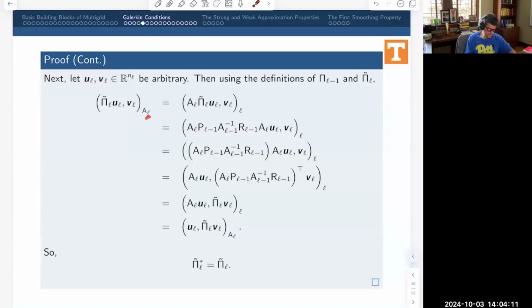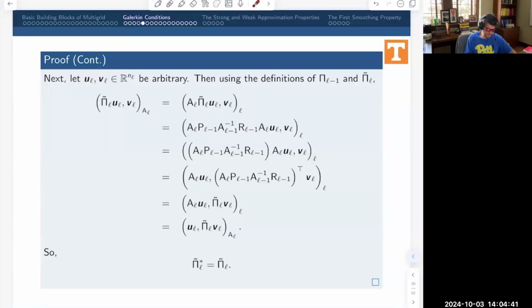So what we're going to do is use the definition of this with respect to the level L inner product. That just means you multiply this times whatever was over here, A_L pi L tilde u_L, v_L. u_L and v_L are arbitrary. Now we're going to use the definition of the pi L tilde matrix. That's all of that stuff right there. All right. Now what do we do? Let's do a regrouping.